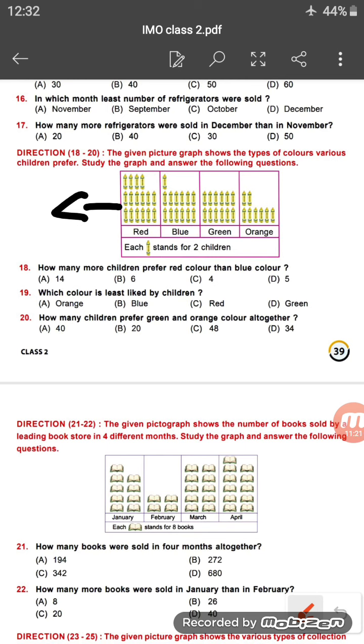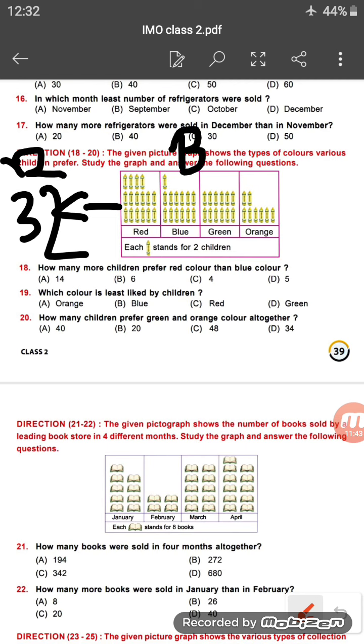So red, 1 2 3 4 5 6 7 8 9 10 11 12 13 14 15 16. So if 1 stands for 2 children, the 16 stands for 32 children. That is red. Then B, it is 13, means 13 into 2, 26.